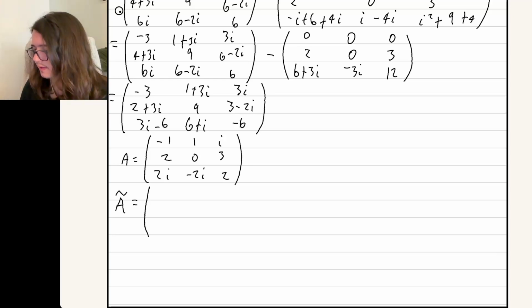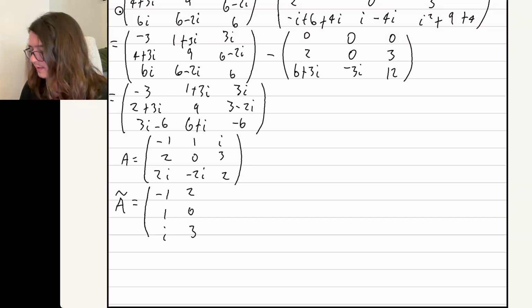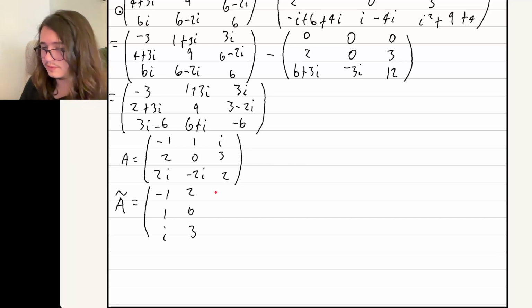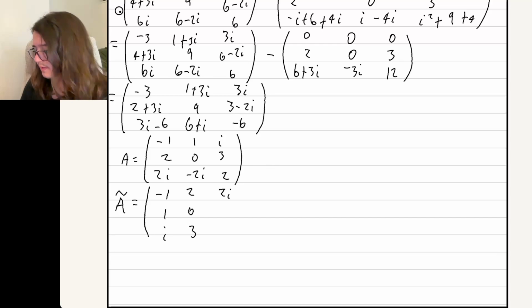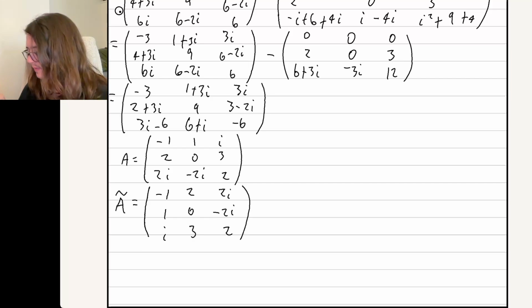So the first column of the transpose is going to be identical to the first row of the matrix. So it's going to be minus 1, 1, i. Second column is going to be the second row. So we have 2, 0, 3. And then finally, the third column is going to be identical to the third row. So it's 2i, minus 2i, 2, right?